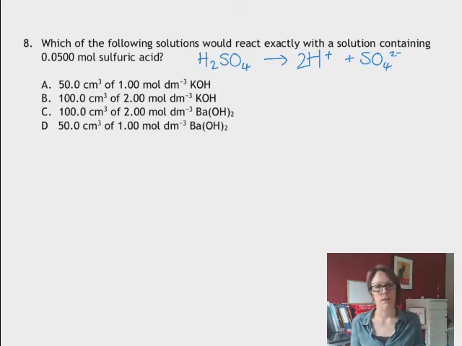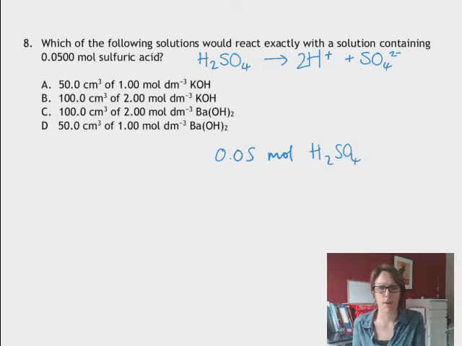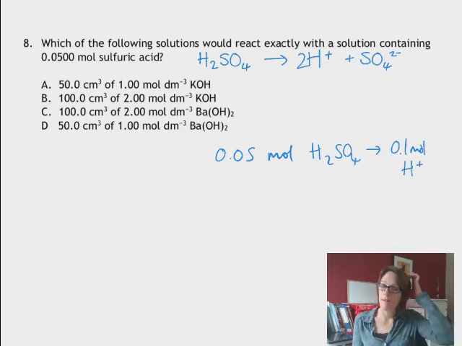So what I'm going to do is actually work out the moles of hydrogen ions. There's more than one way to do this, and mathematically, if you got it right, it doesn't matter. However, I'm going to do this because it's going to help you if you're going to do acids and bases calculations next year. So 0.05 moles of H2SO4 is going to make 0.1 mole of H plus ions.